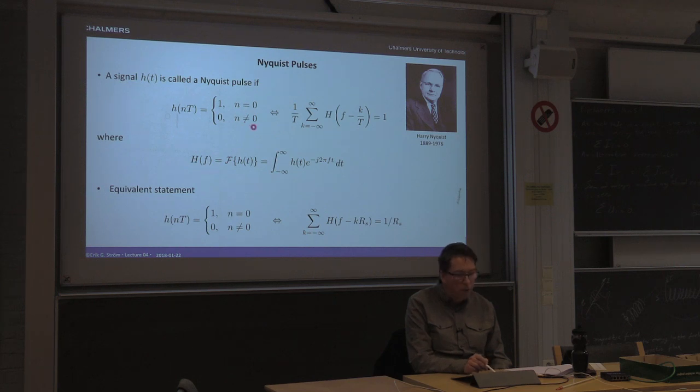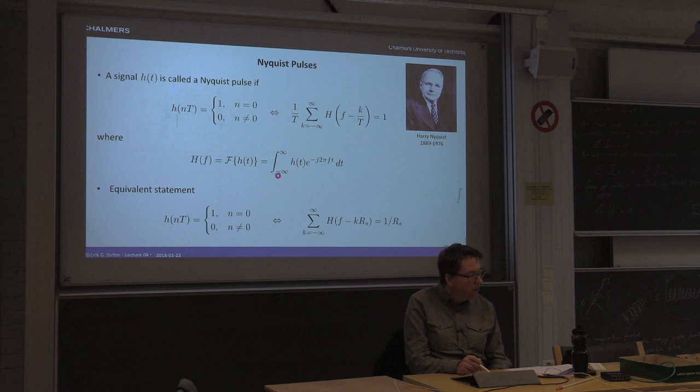The corresponding requirement on the Fourier transform of h is this. We take the Fourier transform of small h and get capital H, and then we form this sum and divide by T, and we get that to be equal to 1. So these two conditions are equivalent. Again, capital H is the Fourier transform of small h, which is this integral.